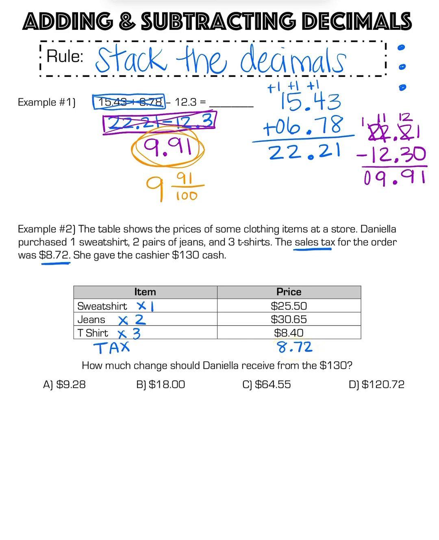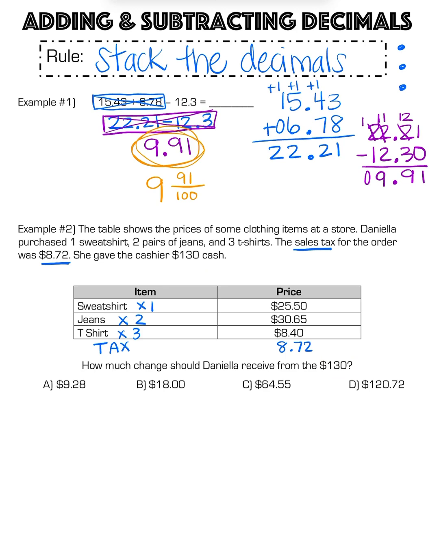And then the question says, how much change did Daniela receive if she gave the cashier $130? So she handed her $130 cash, and the cashier is going to give her back some money after she's paid for all the items.